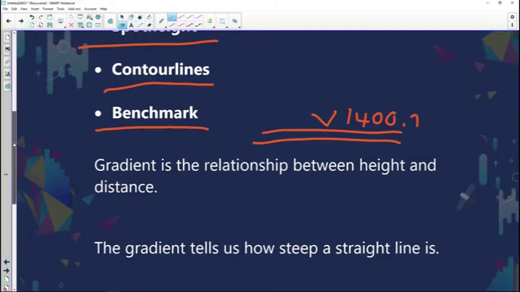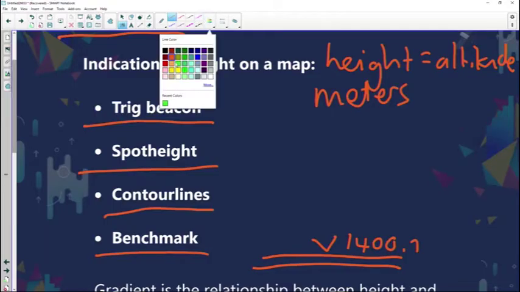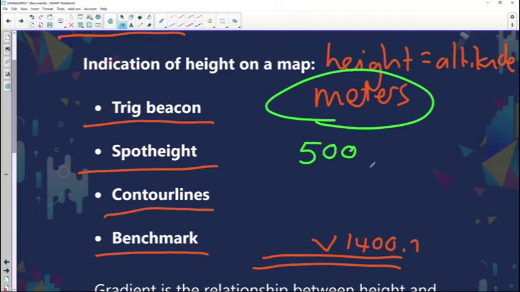Now, once we look at gradient, there's a relationship between height and distance. What we're trying to establish is how far we need to travel before the gradient increases. Coming back to our measurement of gradient and height on a map, it's always expressed in meters. My first tip to you: if you calculate distance on a topographical map, you multiply it by 500.